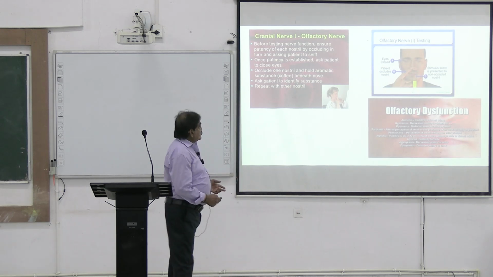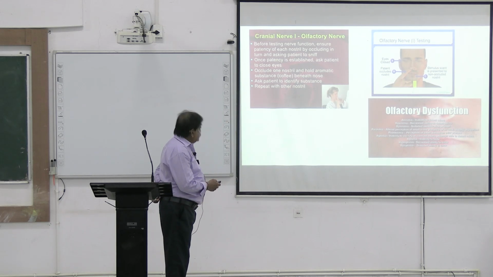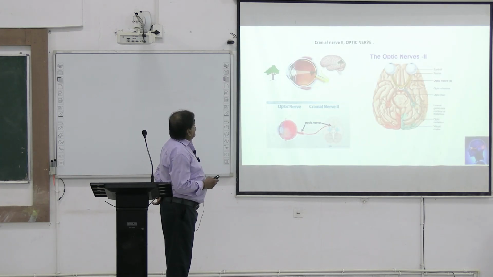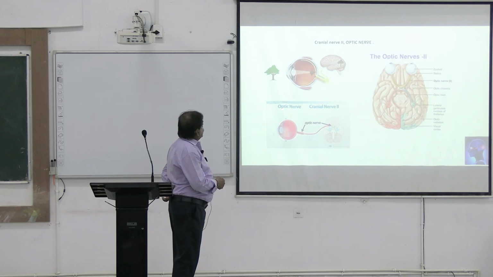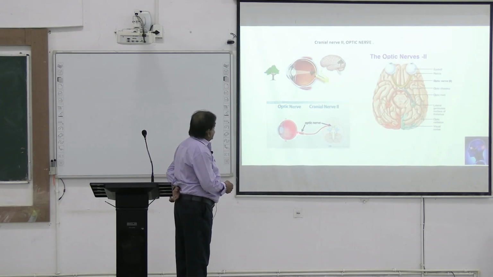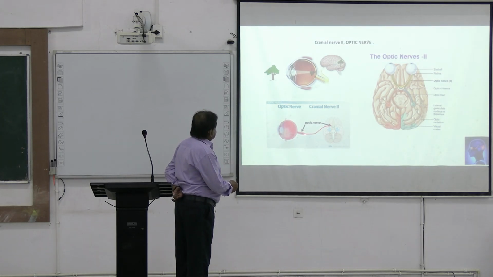Now, cranial nerve 2, optic nerve. See, optic nerve, cranial nerve 2. This is the eyeball. This is the optic nerve here.